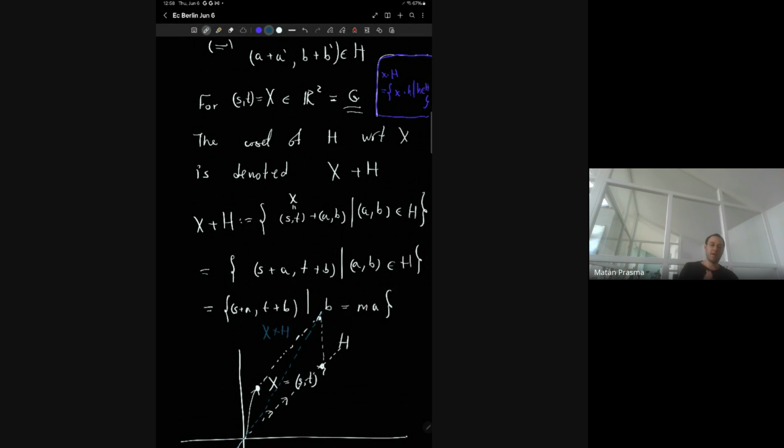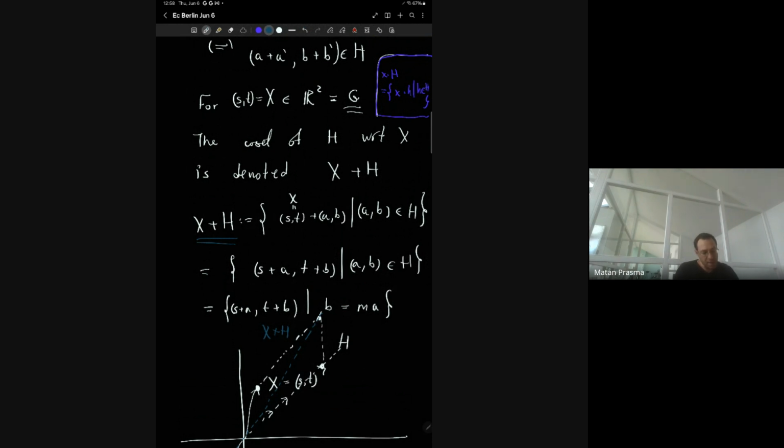That's what I'm trying to demonstrate in this example, that a coset is like a shift of the original subgroup by an element. Or instead of a shift, you can say translation. I translated: x plus h is a translation of h in the direction of x.